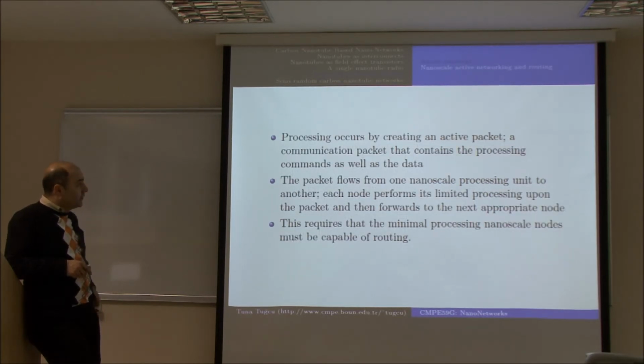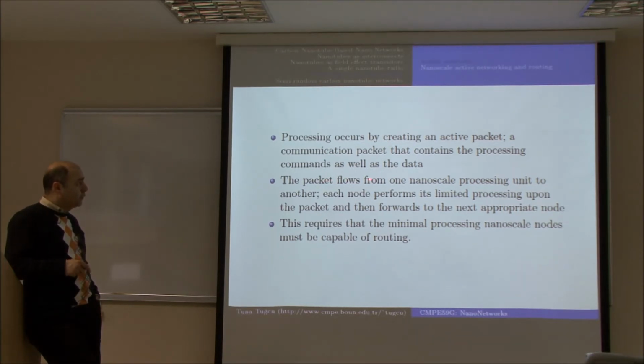And the processing occurs by creating an active packet which contains data together with some program code. So a communication packet contains now the processing commands as well as the data, where these processing commands, sometimes we'll call them code.